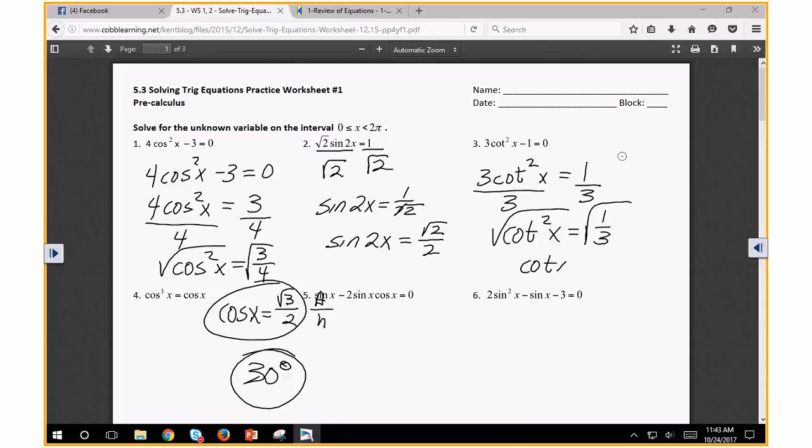Cotangent of x is equal to the square root of 1/3, which is 1 over the square root of 3. So that means the tangent of x is equal to what? The square root of 3 over 1, so that means a 60-degree angle. Right? Yes. 60.